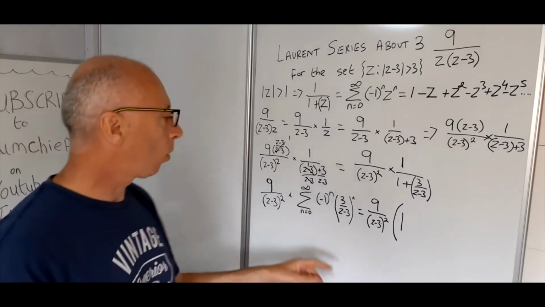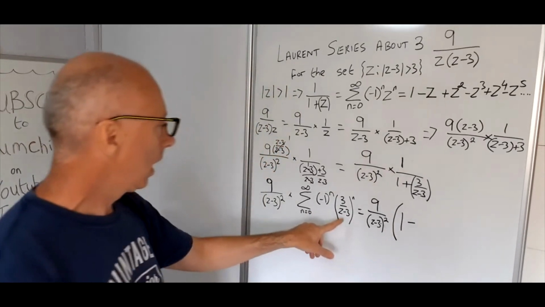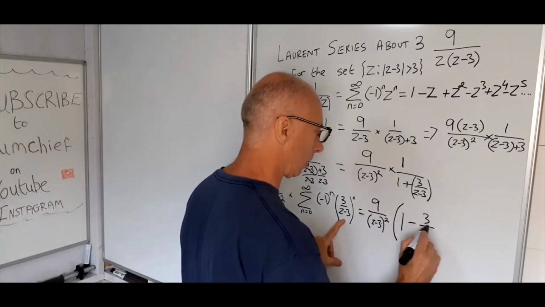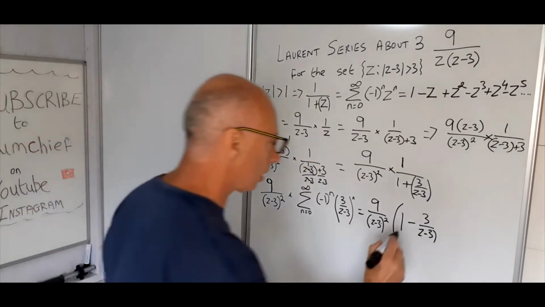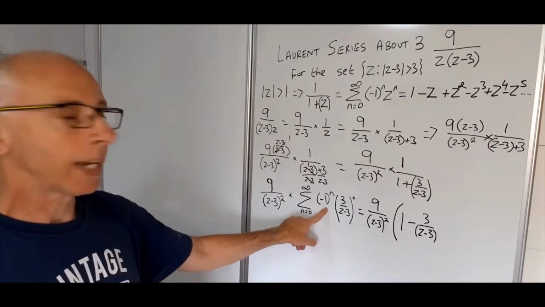Now what about when n is 1? It's going to be a minus. And then this to the power of 1 is 3 over z minus 3. Okay, just leave that in there like that. Now what about when n is 2?